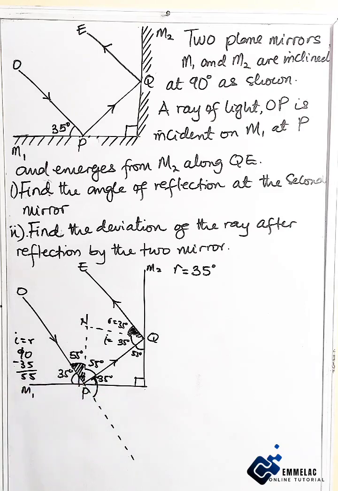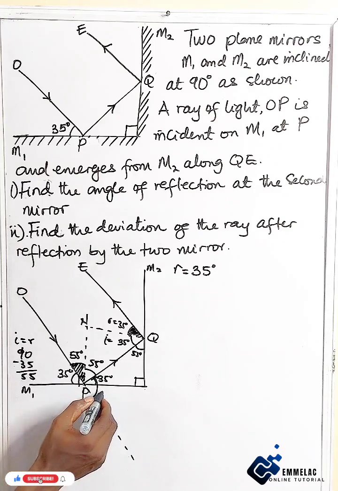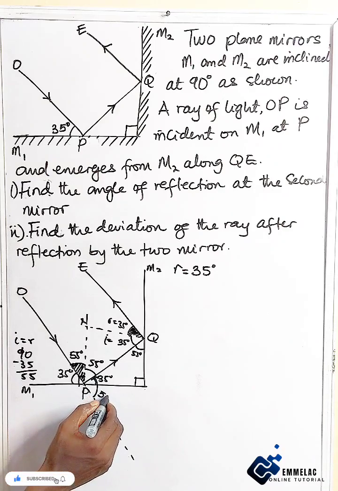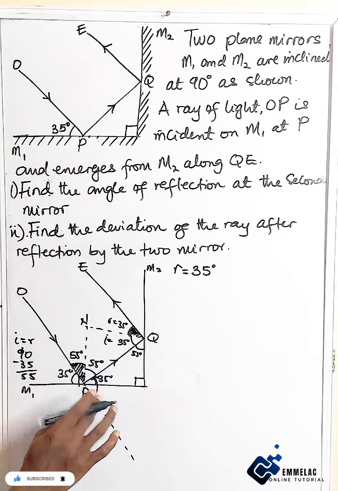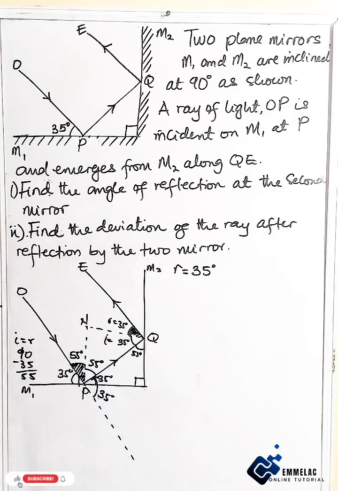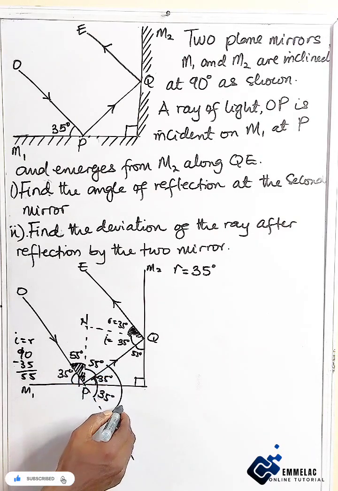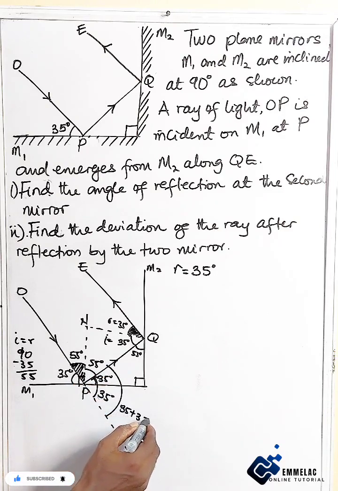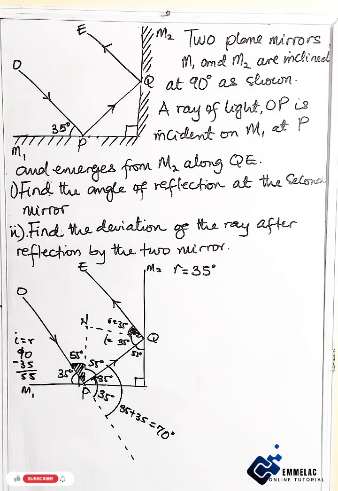Here should be 35. So the deviation here will be 35 plus 35, which gives us 70 degrees.